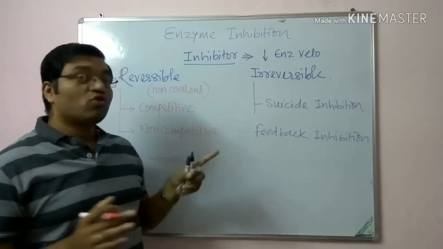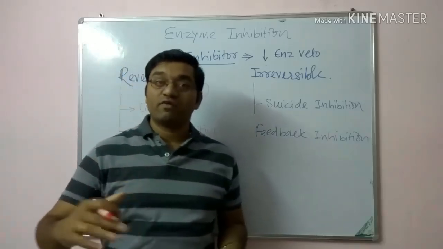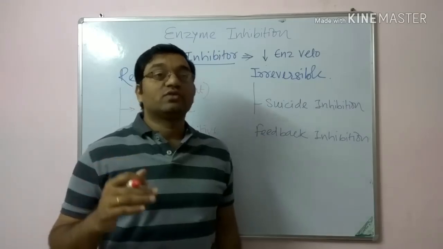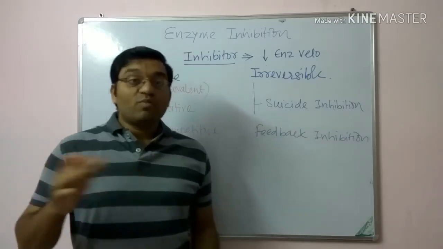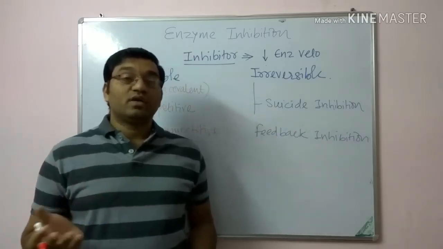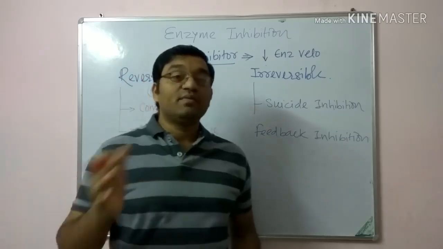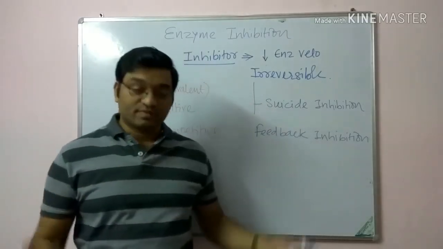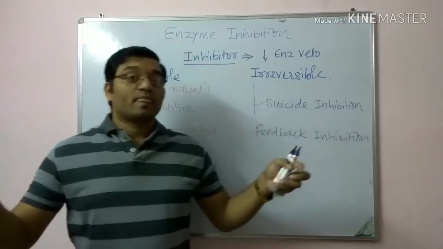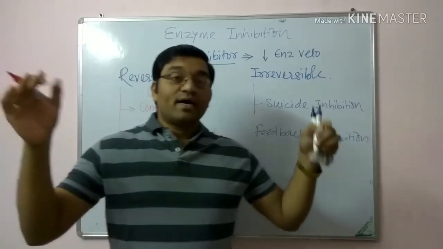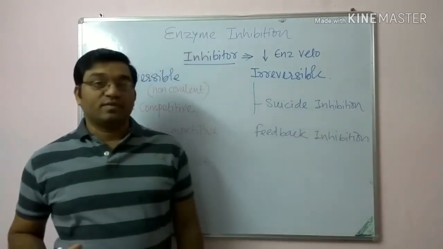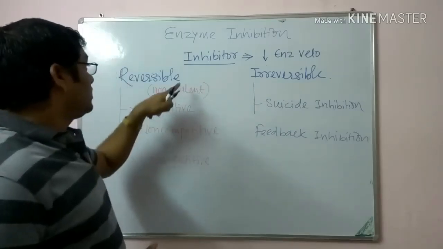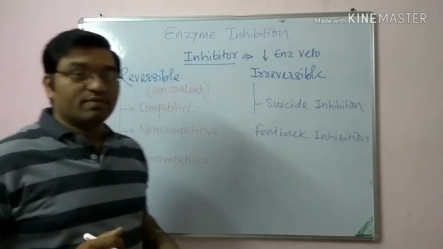There are various non-covalent interactions, for example van der Waals forces, electrostatic forces and so on. So this type of reaction can be reversed by increasing the substrate concentration or by removing the inhibitor from the active site of an enzyme. This type of inhibition is known as reversible inhibition.